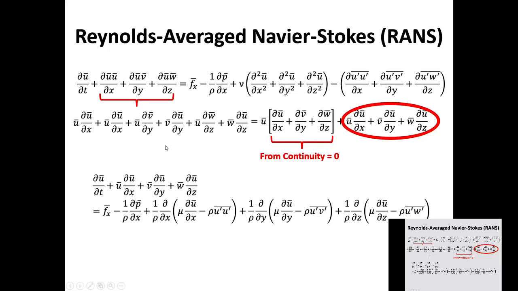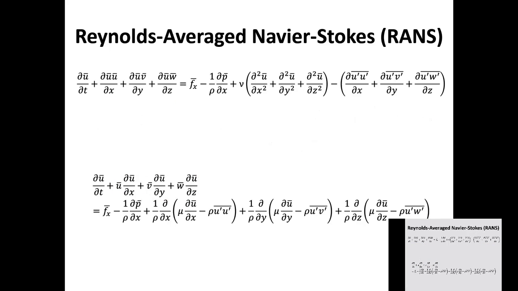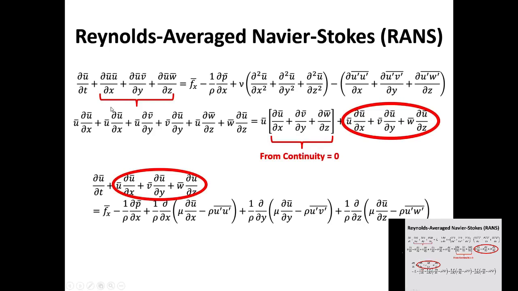And in Reynolds average equations, you are not supposed to derive these. I'm just trying to explain how these terms are used. So by Reynolds averaging, by the continuity equation, you can say that the sum of the derivatives is equal to 0.